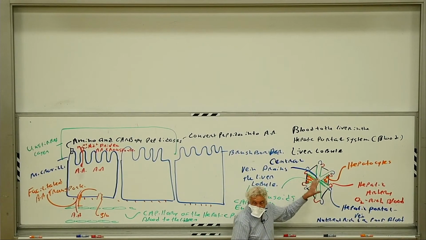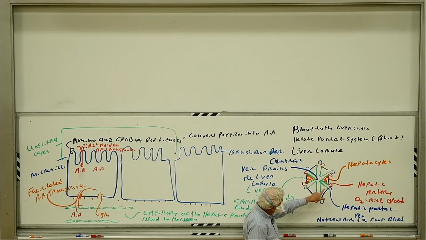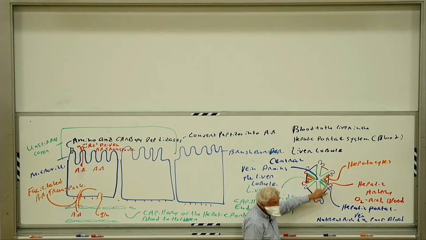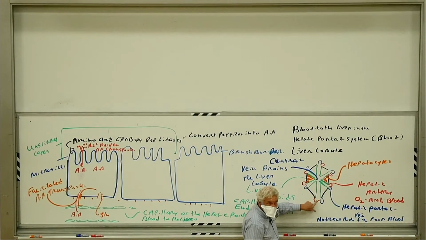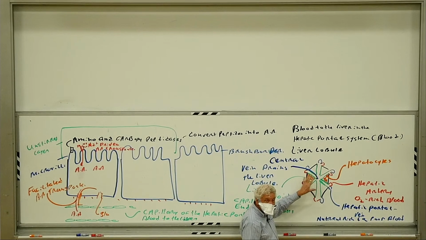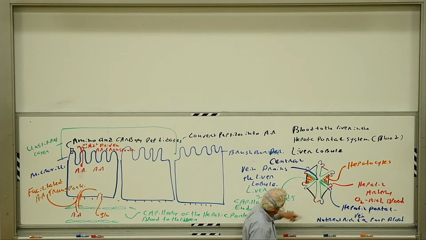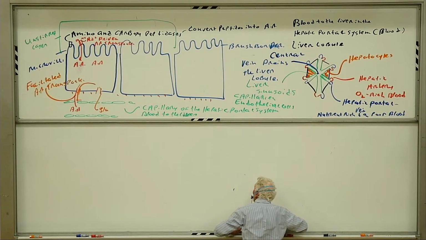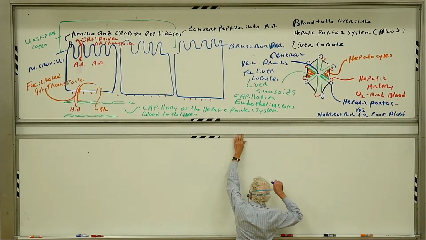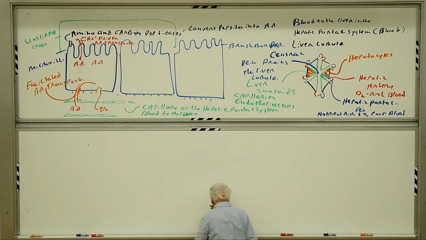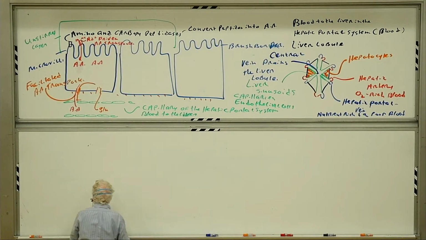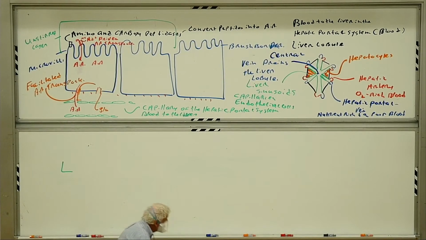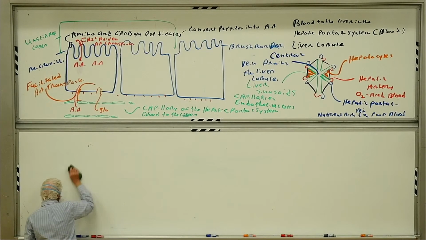So that's the overall structure. We have these next door to the hepatocytes. Now in a moment we're going to put in part of the bile system, but let's concentrate on this right now. The next thing I'm going to draw is I'm going to imagine that we can enlarge this, and we can imagine where the hepatocytes are sitting next door to the endothelial cells of the sinusoids.